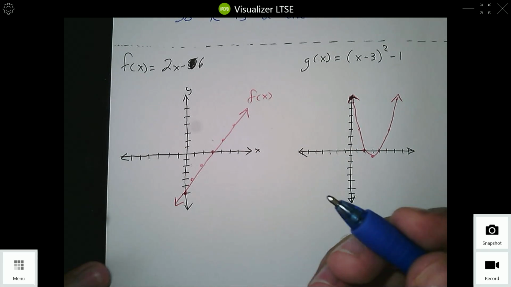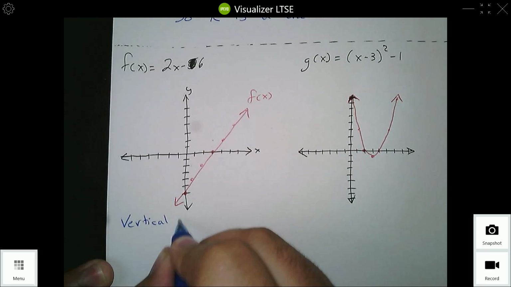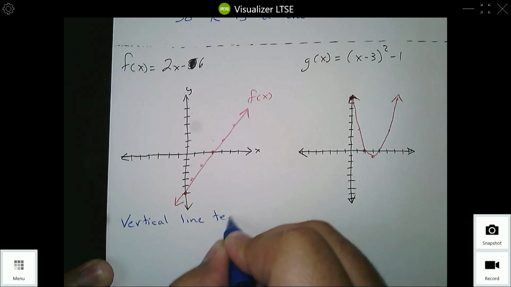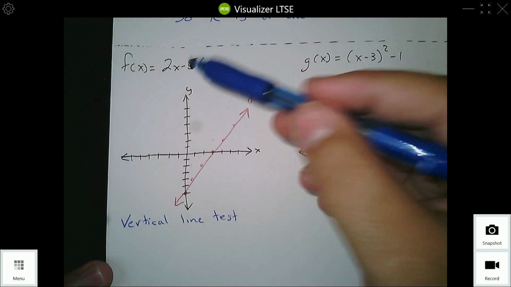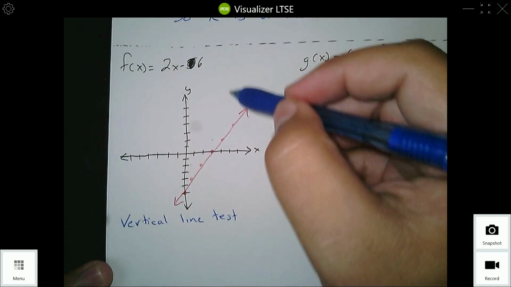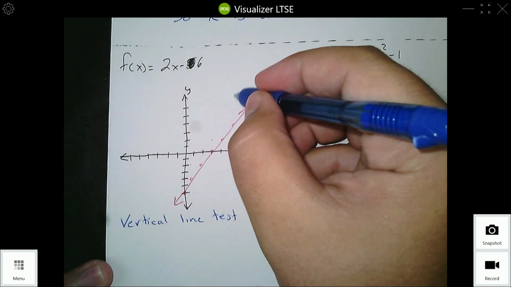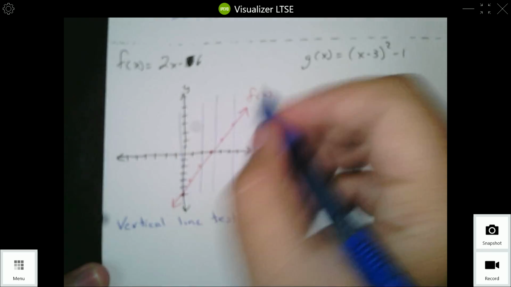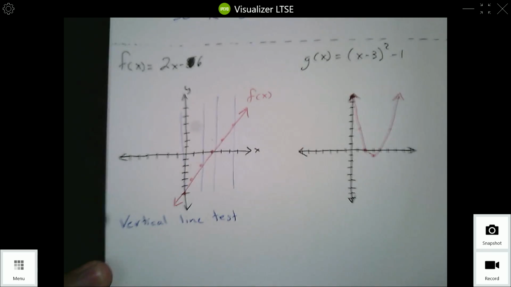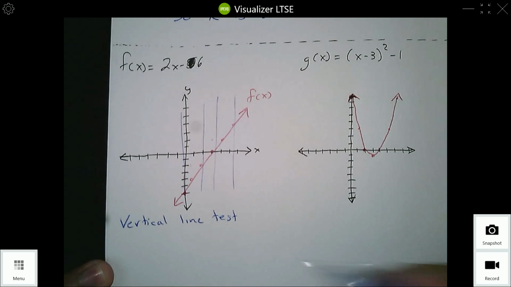The first test is the vertical line test. It establishes whether 2x minus 6 is a function, because if it ever hits more than one point, then it doesn't work. I draw my vertical lines, and at no point on this graph will it ever hit two points on a single line.